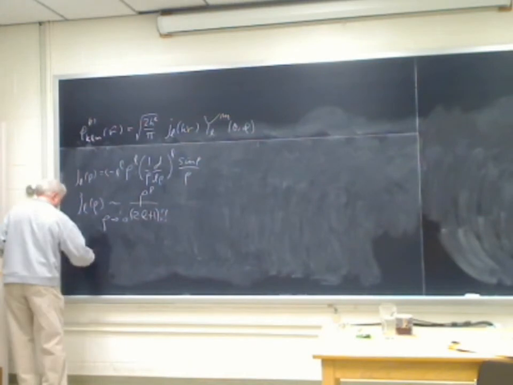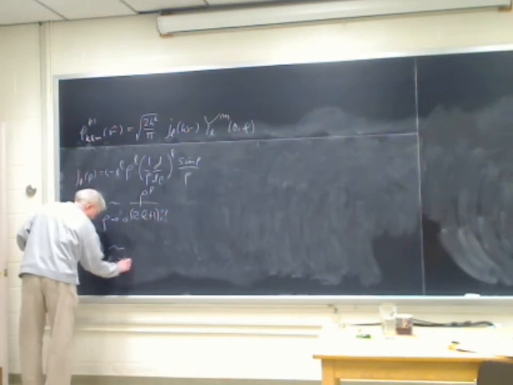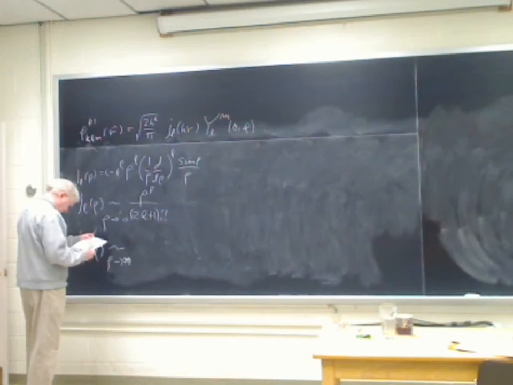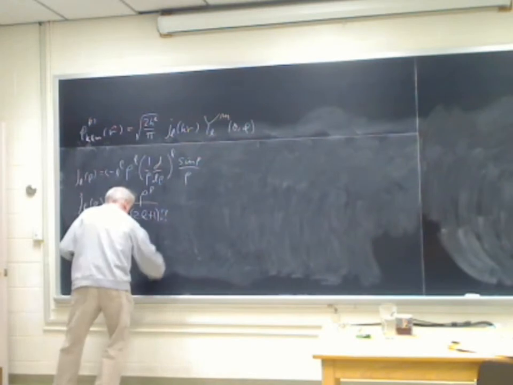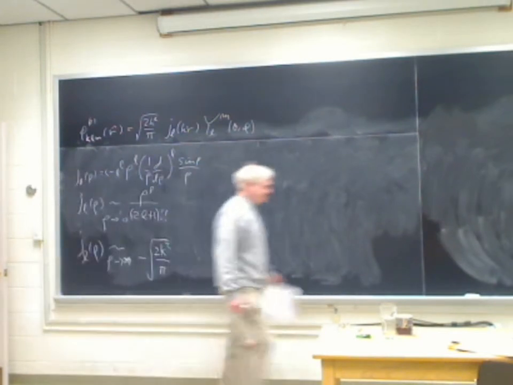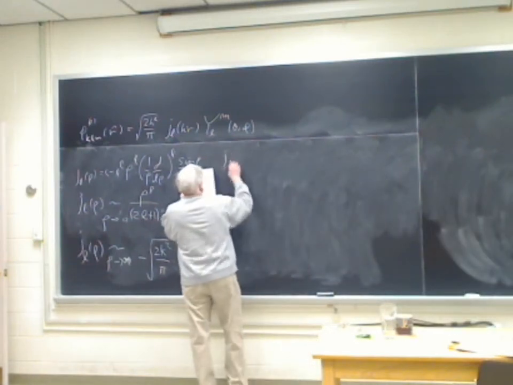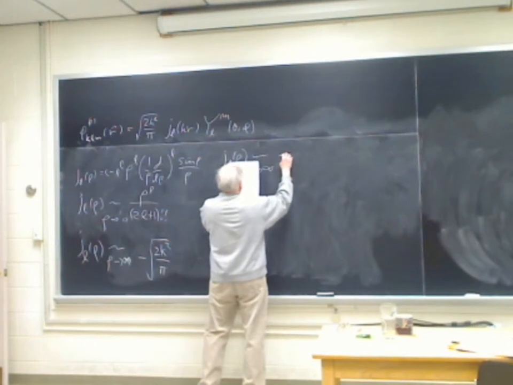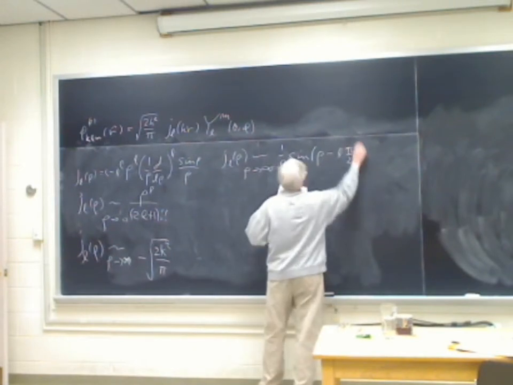On the other hand, j_l of rho as rho goes to infinity is approximately 1 over rho sine of rho minus l pi over 2.